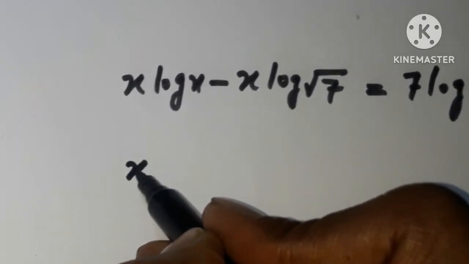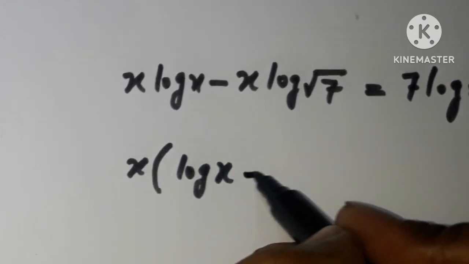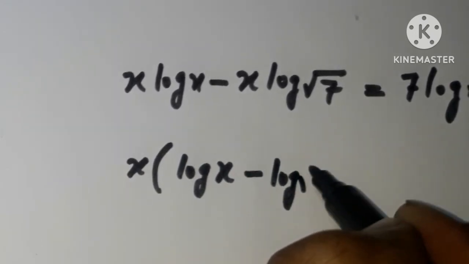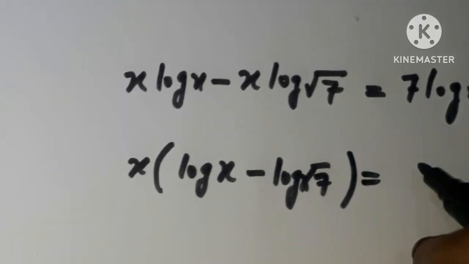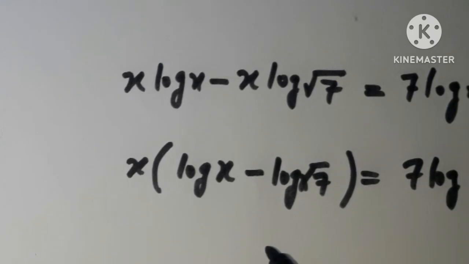Now I am taking x common, so x times log x minus log root 7 equals 7 log root 7.